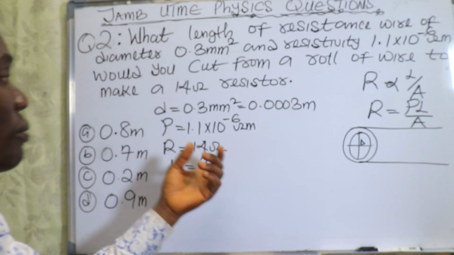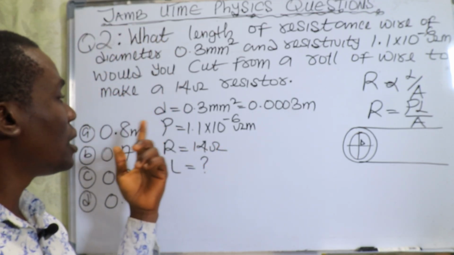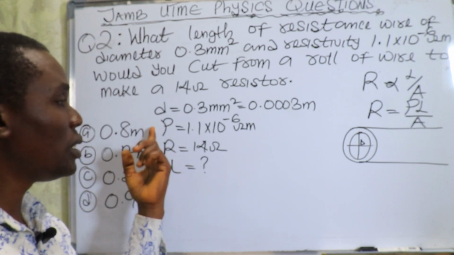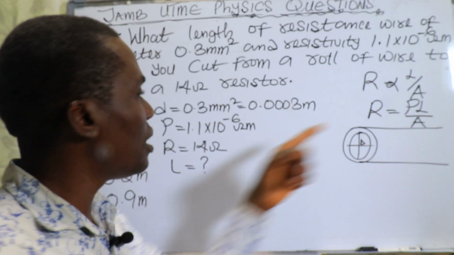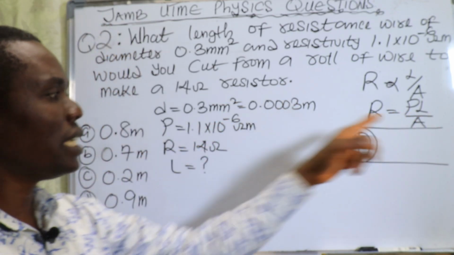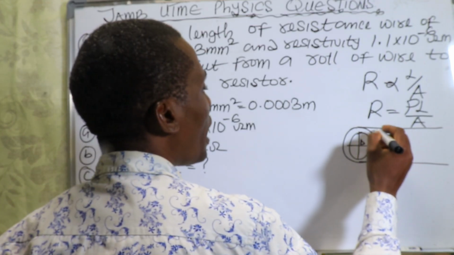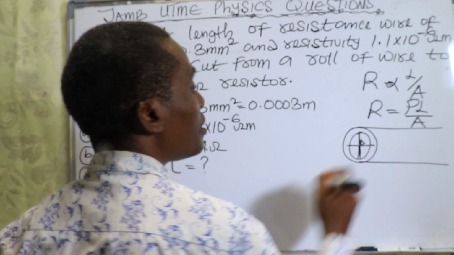So remember, for the question wey dem give us, they give us diameter, they give us rho, they give us R, and they give us the length, which will be resistivity. Now if you check the formula, you go find out say they no give us area here and they no give us the formula for area. That means for a wire like this, we need to find the area.